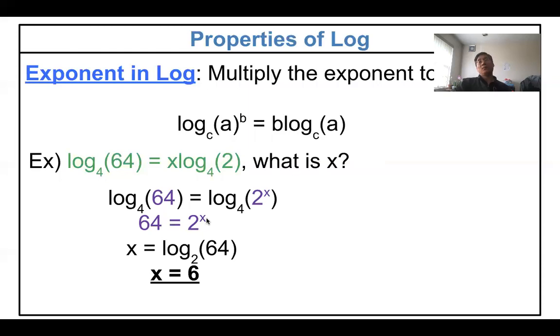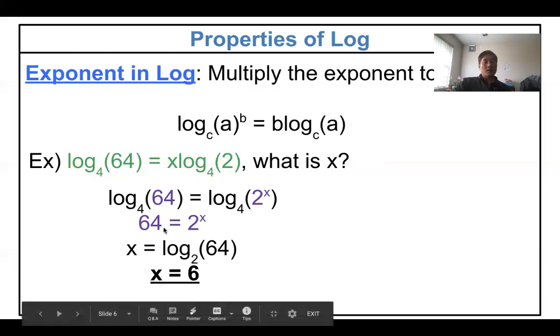If the variable is in the exponent, then we need to convert to log again, right? So the power goes down to the x, and the base of the exponent goes to the base of log, and then 64 comes here. You put into the calculator log of 64 divided by log of 2, which is equal to 6.